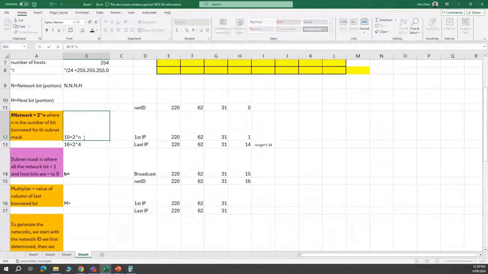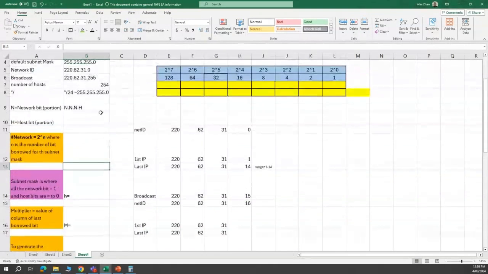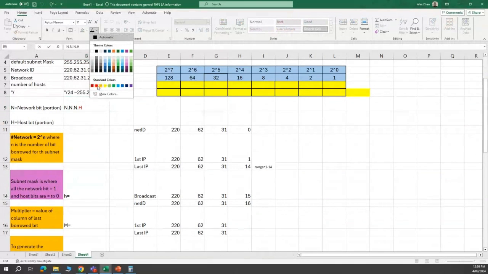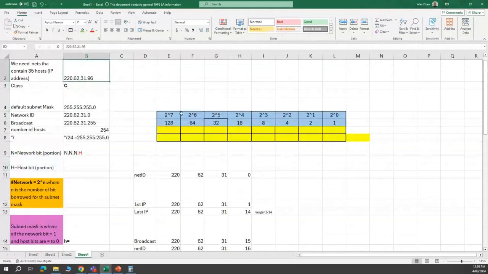So now we'll take this one, and again, everything else is the same because it was starting with the same IP address. It's a class C, that's the default subnet mask, that's the network ID, that's the normal broadcast, and that's the number of hosts we can have on the network initially, and that's basically the slash notation, and that is the arrangement of the network and host portions by default.